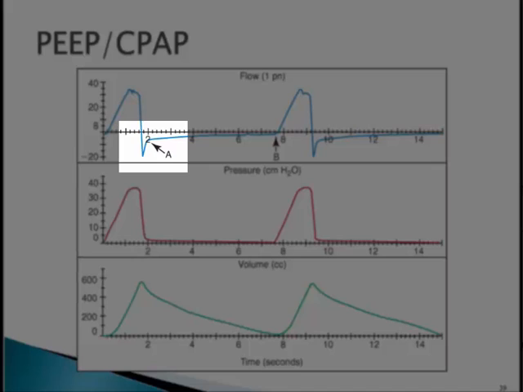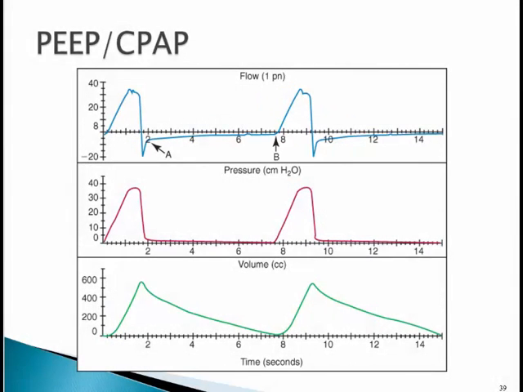This is at point A. And there's a lack of return of flow to the baseline at the end of the breath at point B. This type of expiratory flow pattern, regardless of the expiratory time, indicates auto PEEP. The amount of auto PEEP cannot be determined from this example, but any time end expiratory flow is greater than 0, auto PEEP is present.